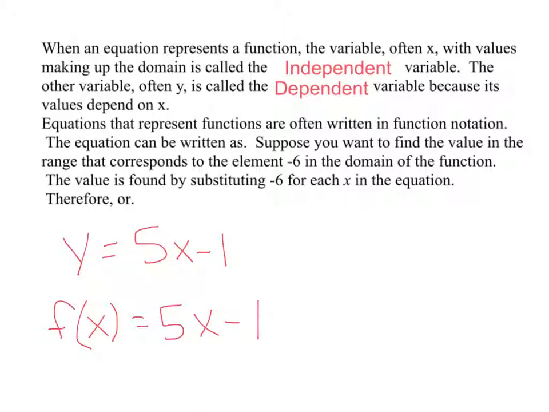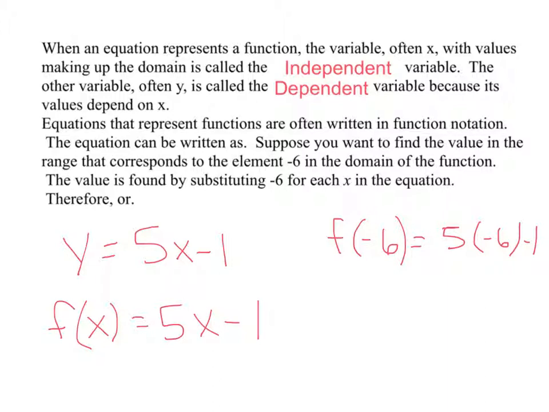Now suppose we want to find the value in the range that corresponds to the element negative 6 in the domain of the function. So really what we're going to be doing is substituting in negative 6 for our x, which means we're going to have f of negative 6 equals 5 times negative 6 minus 1.